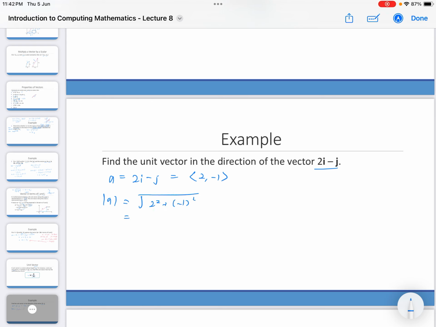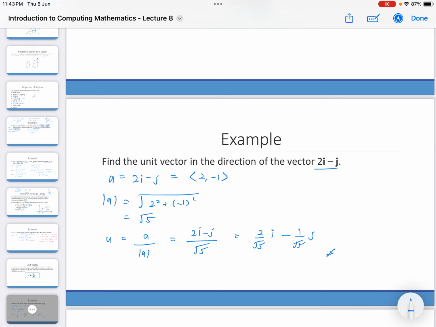So this equals square root of 5. And then the unit vector equals the vector a divided by the magnitude of a. So vector a is 2i minus j, divided by square root of 5. So this equals 2 over root 5 i minus 1 over root 5 j. So this is the unit vector u.